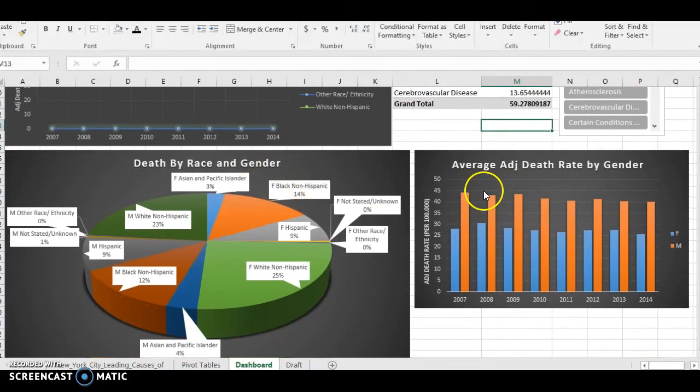And for females, there is a lower average adjusted death rate compared to males. So, which means males should pay more attention to these causes of death.